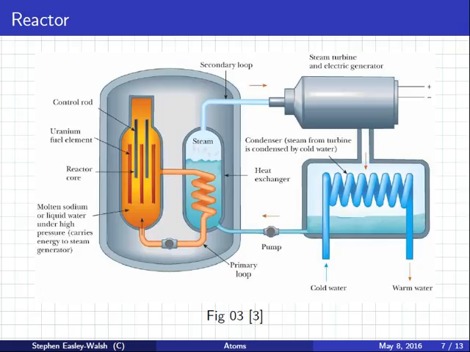Yes, the control rod gets stuck in the up position. You can't put it down. So the control rod you can lift up and down. When you want less energy, you put it down, and the control rod comes down. If you want more energy, you lift it up.